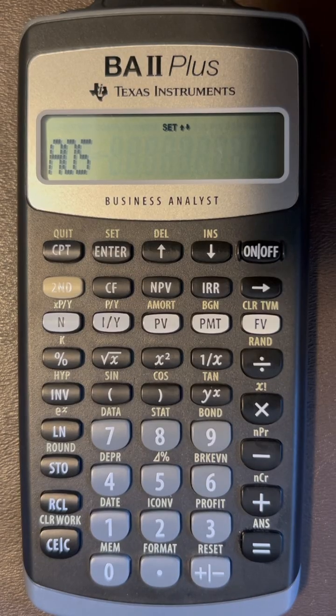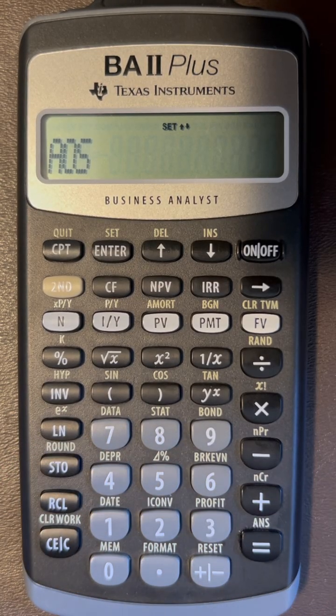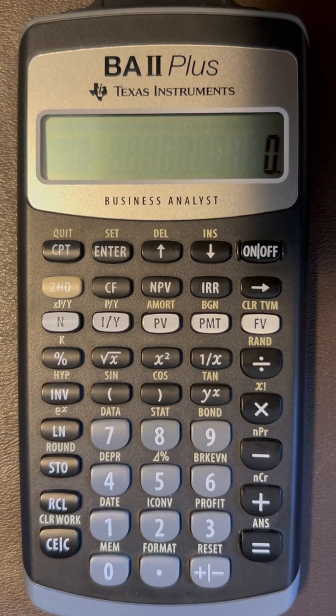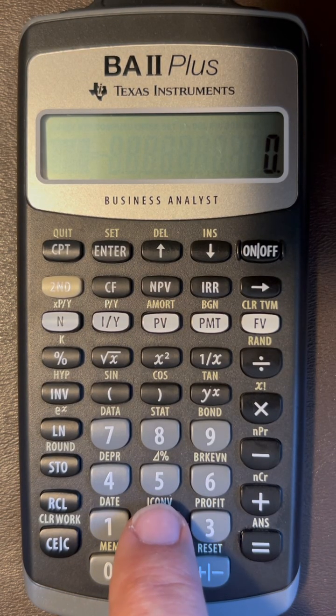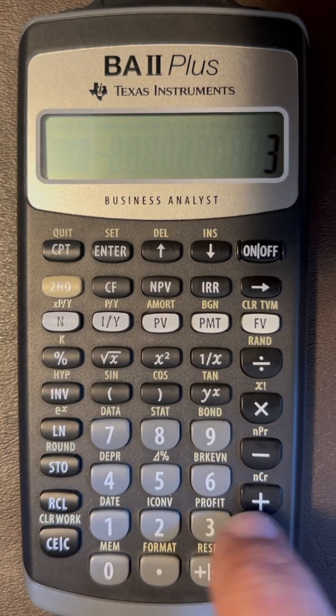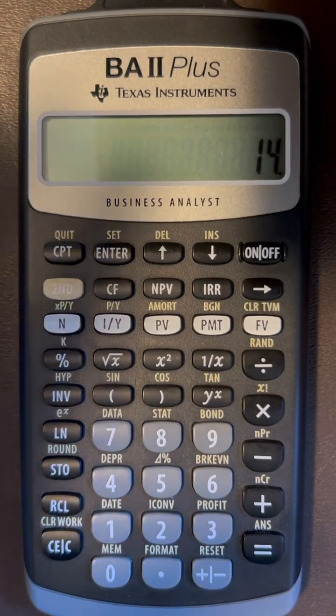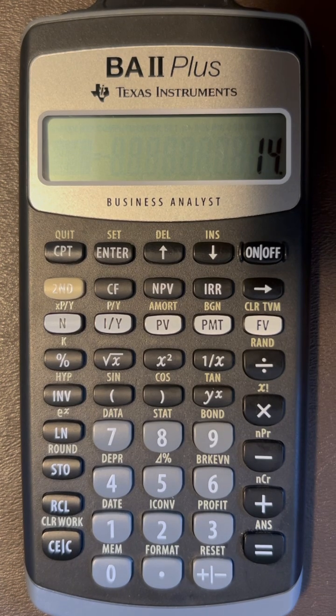Okay, so now it's all good to go. We just exit out again, hit second, quit, and you're back to the home screen. So now let's do 2 plus 3 times 4 again. 2 plus 3 times 4 equals 14, which is the right answer we're looking for.